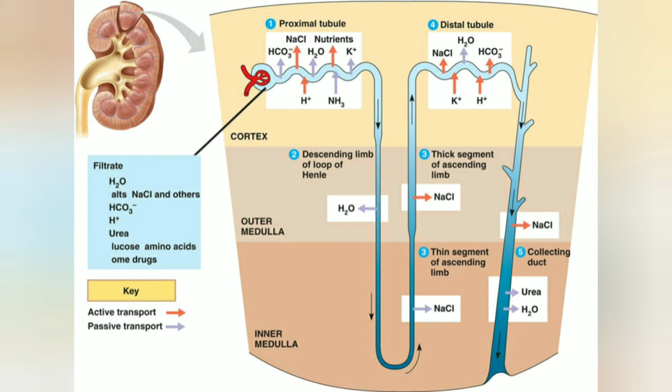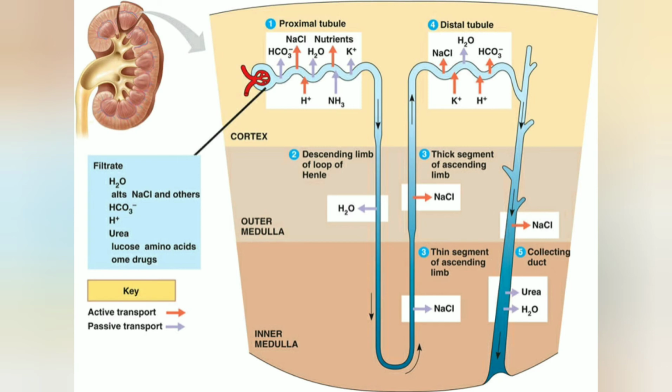Whereas in the ascending limb, as it is thick walled, the cells can reabsorb sodium ion and chloride ion from the tubular fluid and release them into the tissue fluid. Due to this, the tissue fluid present around the descending limb becomes concentrated.